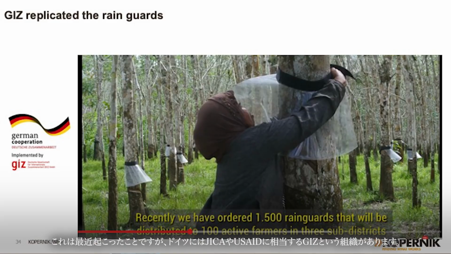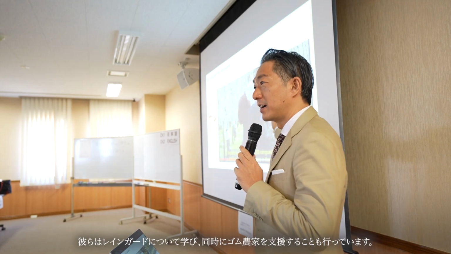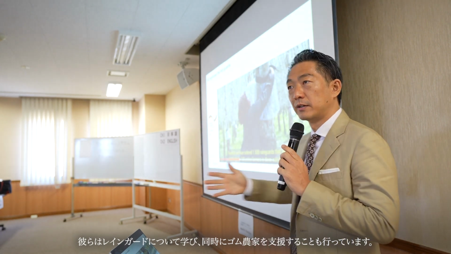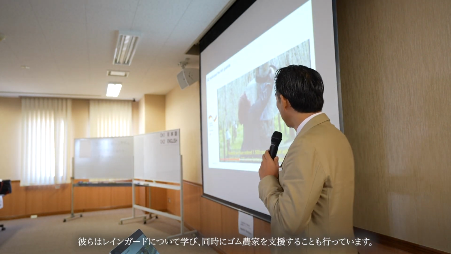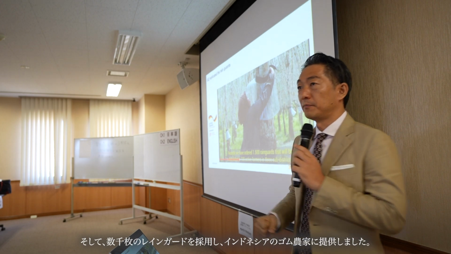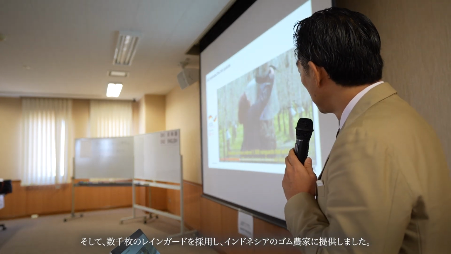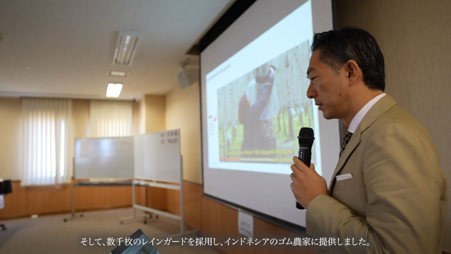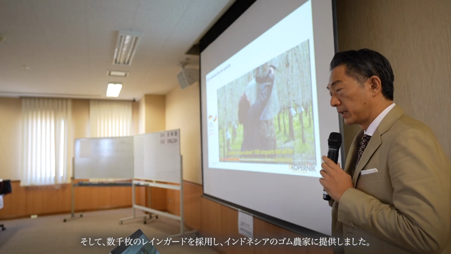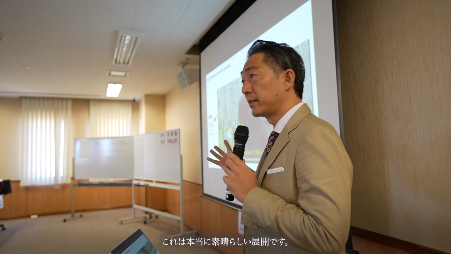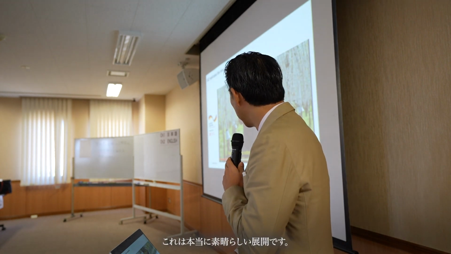And this actually recently happened with the GIZ, which is a German equivalent of JICA or USAID. They learned about our rain guard. They are also supporting the rubber farmers. And then they adopted a few thousand rain guards to provide to the rubber farmers in Indonesia. So that's really great development.